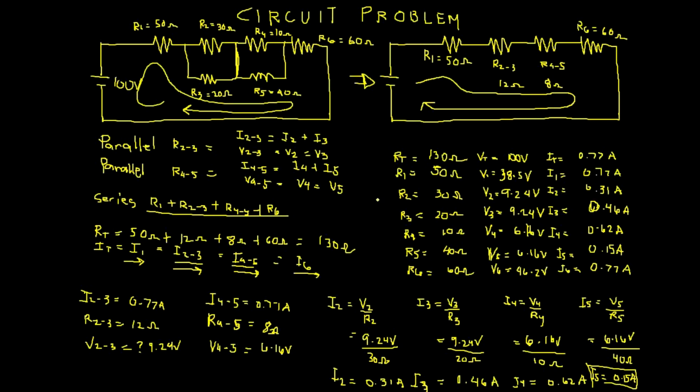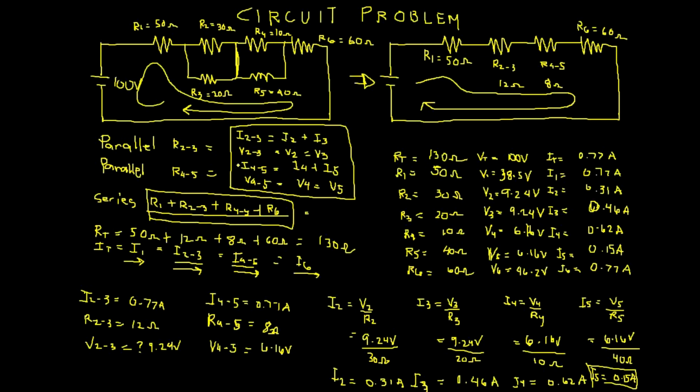Okay. So, kapag chinek natin, pwede natin gamitin yung mga equation na ginawa natin. Dapat, kapag pinag-add natin yung R1, R2-3, R4-5 plus R6, ang bibigay na sagot sa'yo yung total resistance na 130 ohms. Sa I2, pag pinag-add natin yung I2 plus I3, ang ibibigay na sagot ay I2-3. Tapos wala tayong problema sa voltage 2-3 natin kasi equal naman si voltage 2 at voltage 3.